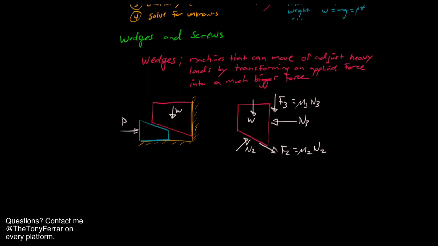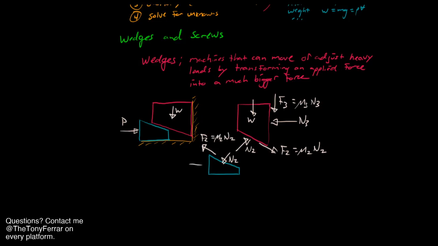We're also going to draw a free body diagram of the wedge, which looks something like this. The wedge is going to have N2 acting on it as well, equal and opposite. Same with the friction at the interface, equal and opposite. So F2 again, and that's mu2 N2.